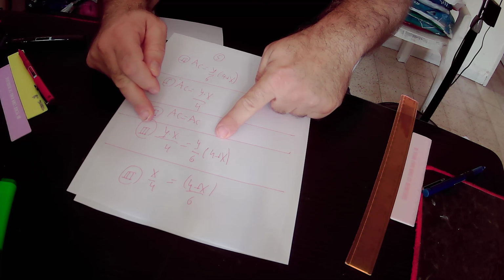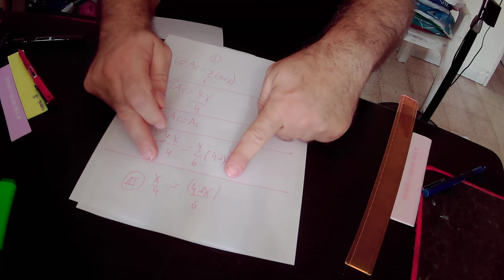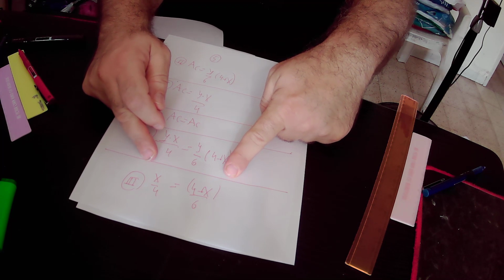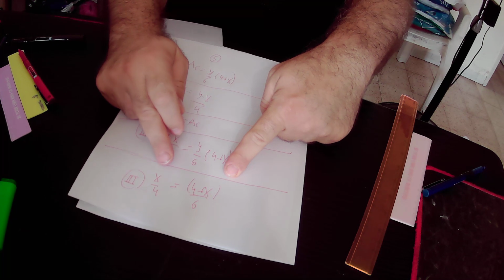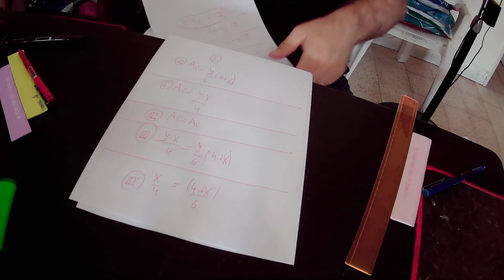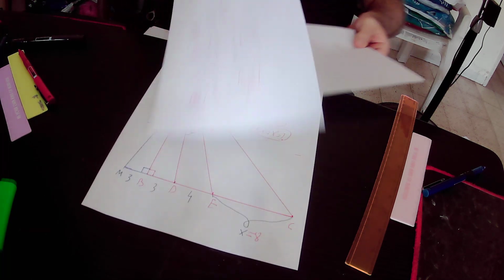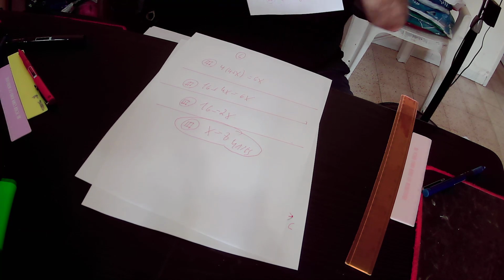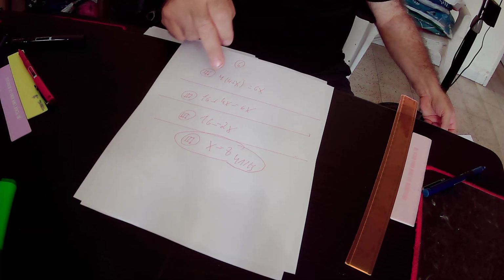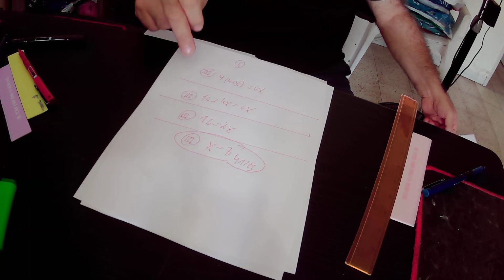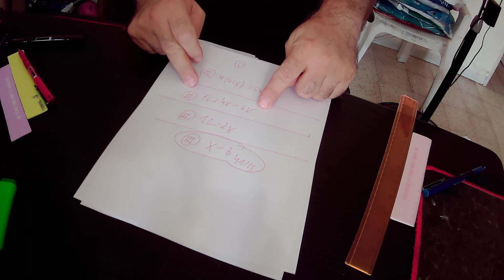After we divide this equality by Y, we get this expression, and we multiply it by 4 and 6. We open the brackets here. 4 times 4 is 16, 4 times X is 4X. Here we subtracted 4X from this equality.